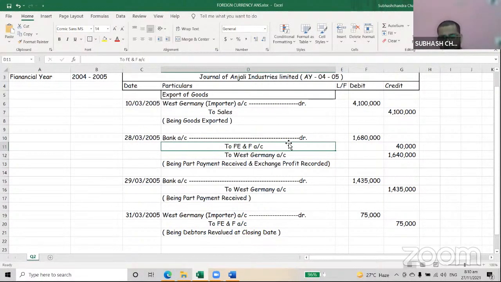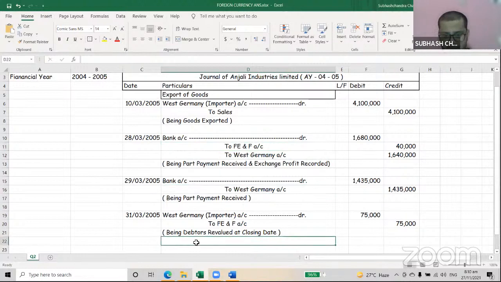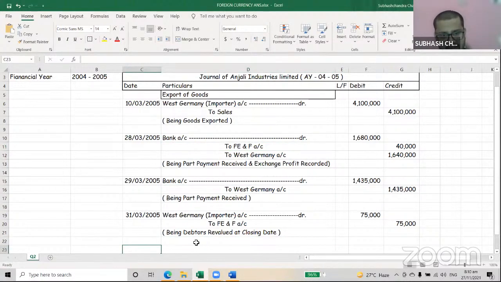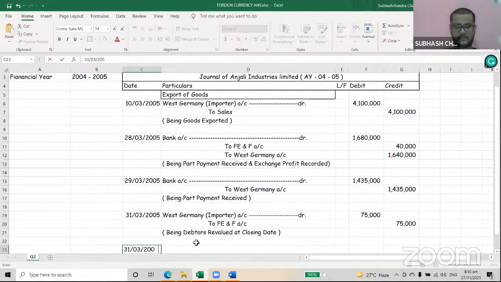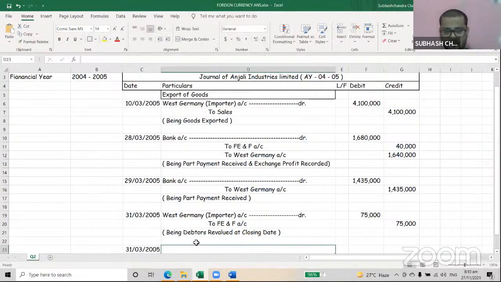Then again we have a profit of 75,000. So I can say the final profit we have is 75 plus 40, 1,15,000. So we will record the profit on the same date, 31st/03/2005. What we will record?